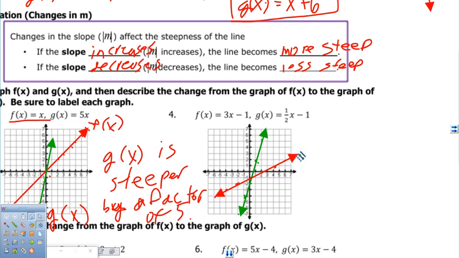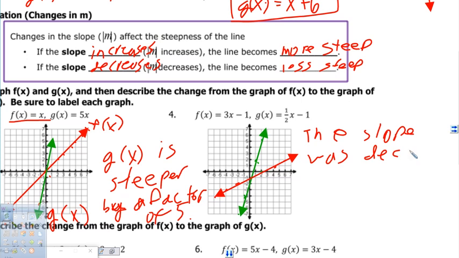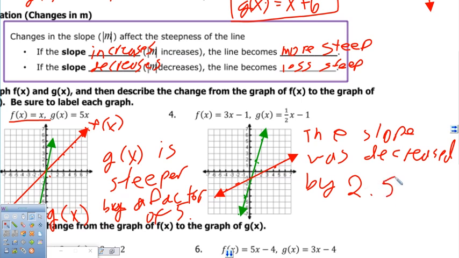Alright? Y-intercept is still the same. Okay? But what we can say is the slope was decreased by 2, whoops, that's not 2, that's definitely a 3, by 2.5.